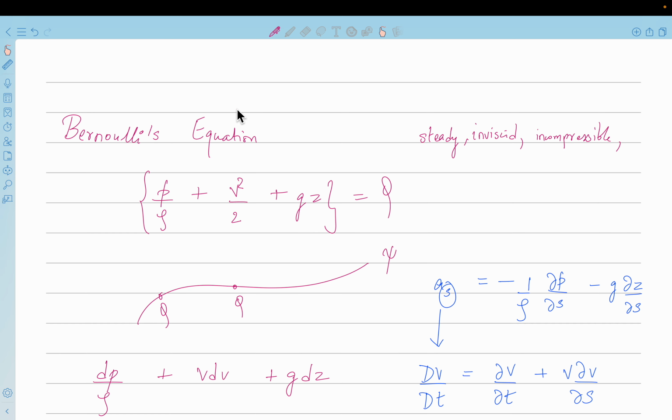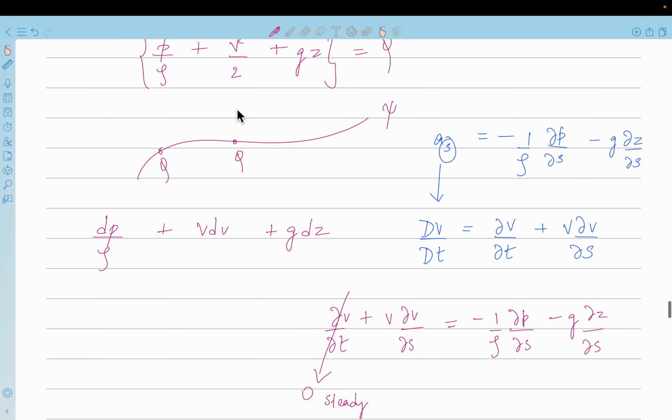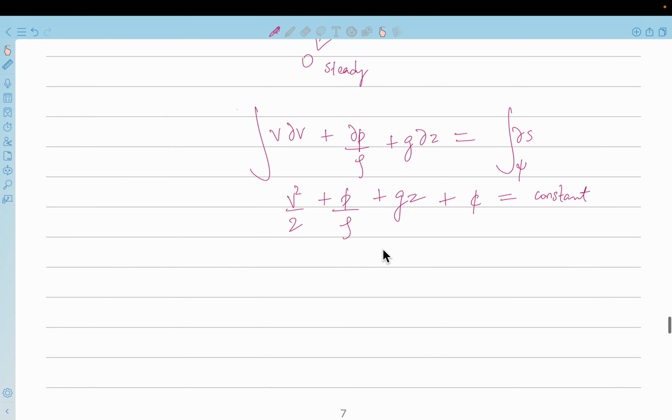With these conditions, we have derived that this expression, p/ρ plus v²/2 plus gz, is constant but only along a streamline, isn't it? So when can I apply this for the entire flow? That is my question.